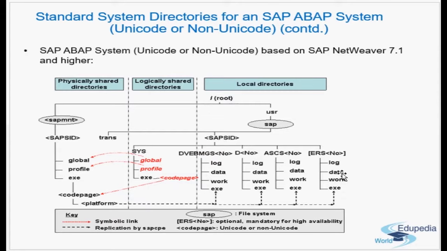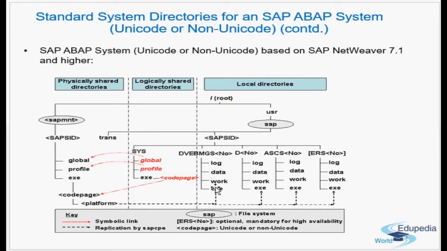So even though we do the kernel update on the logically shared directory sys, after the kernel upgrade you can log on from any instance at the OS level to check the kernel level, or you can log on to any instance from the SAP GUI to check the kernel level. It will immediately reflect the new kernel. How?